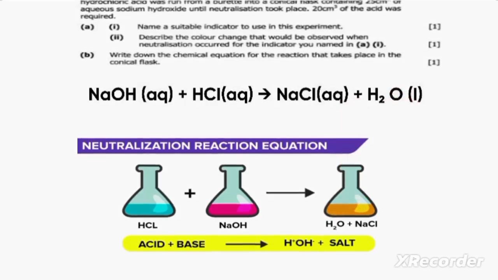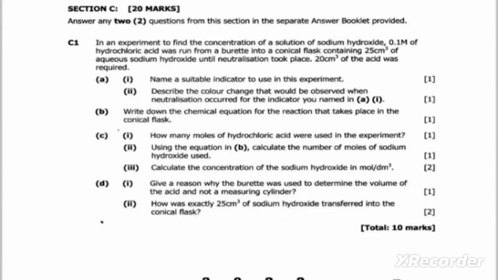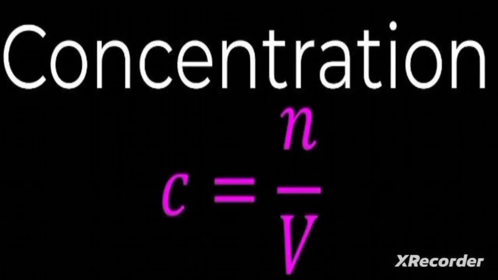We shift to the next question, which is question C, Roman numeral 1. How many moles of hydrochloric acid were used in the experiment? To find the number of moles, we are going to use the concentration formula.